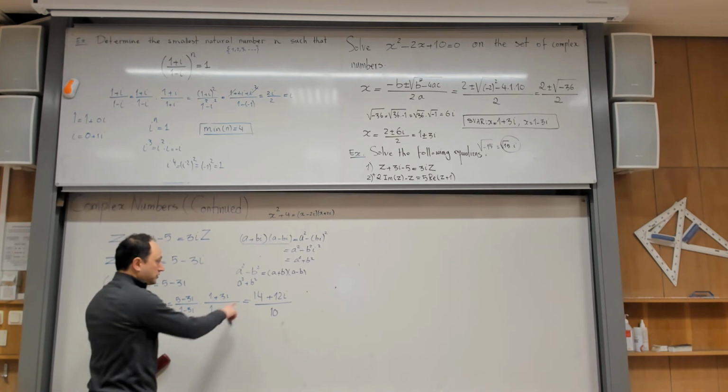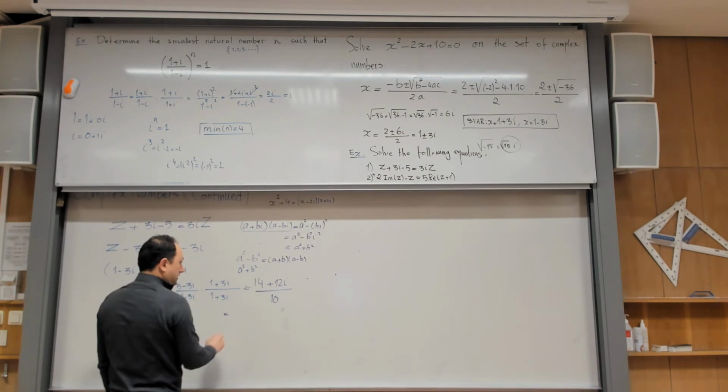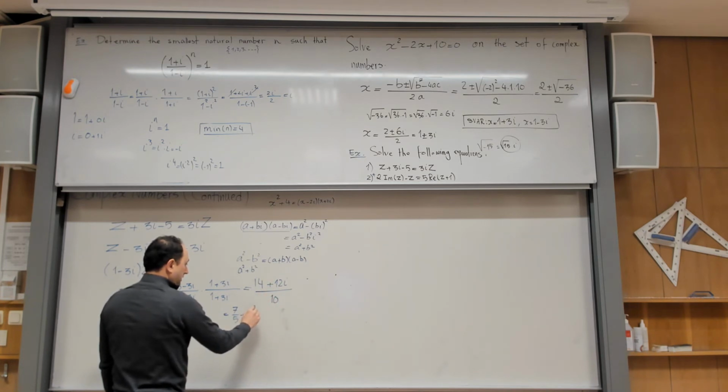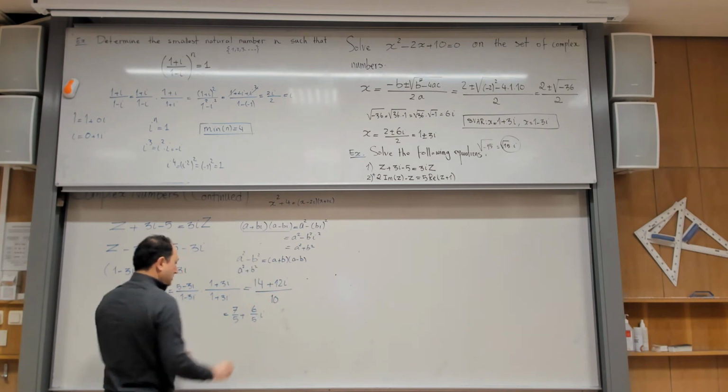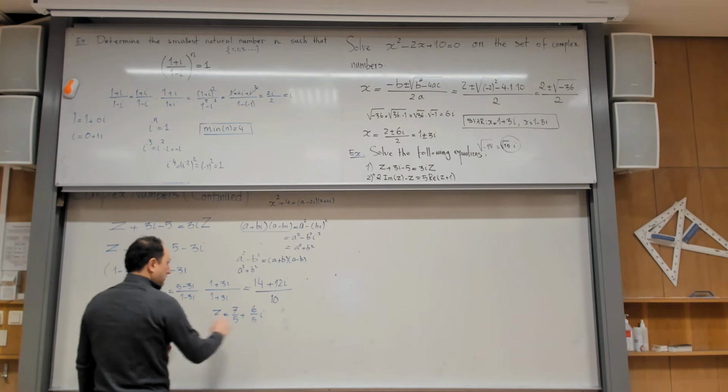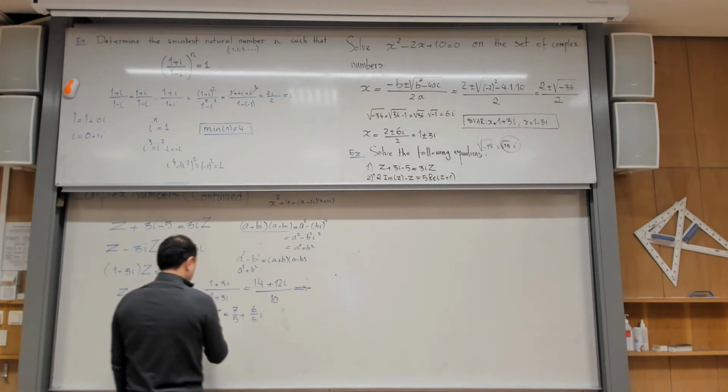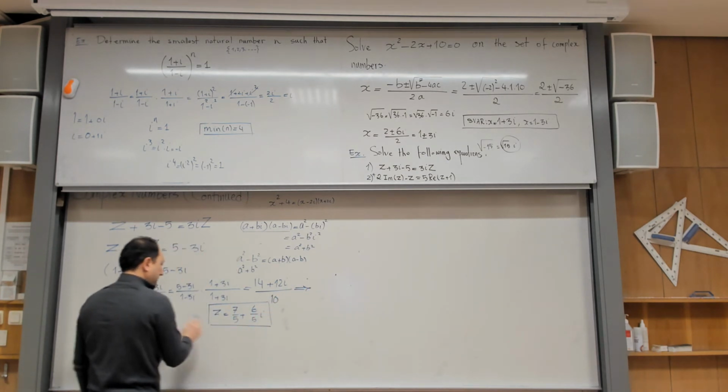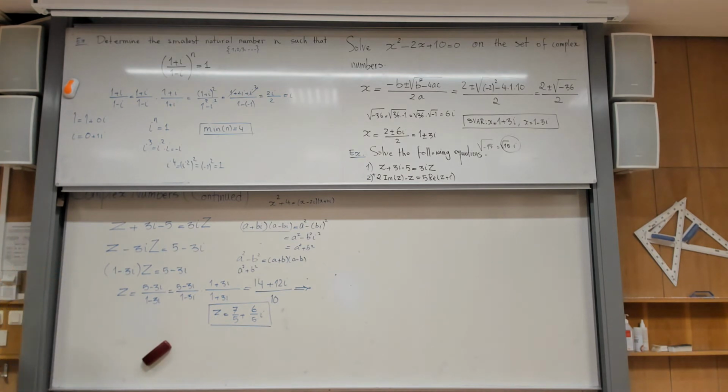And then I will try to simplify that: 14 over 10 is 7 over 5, plus 12 over 10 is 6 over 5 i. So that is the answer that I get for this. There is nothing here actually, just normal calculations. The second one in nature is different, yes?